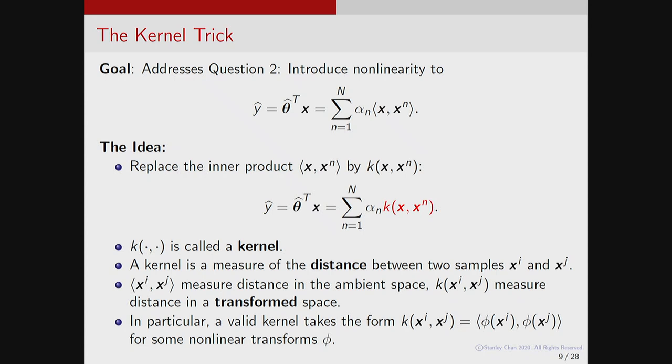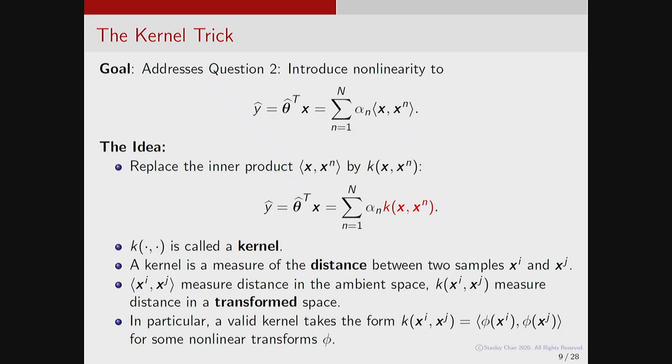So theta hat transpose x is just xn transposed with x, which is nothing but a summation of alpha n times the inner product of xn and x. All right, so that's how we get to this equation.